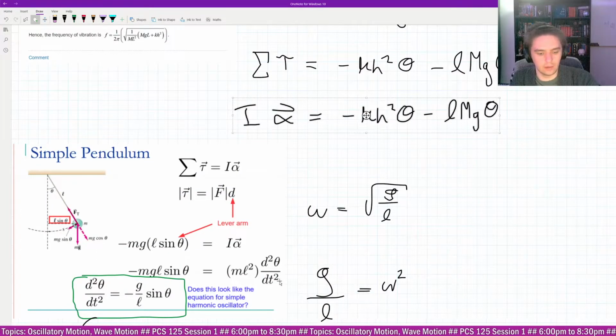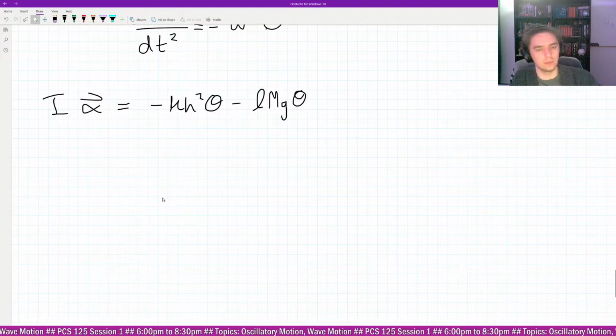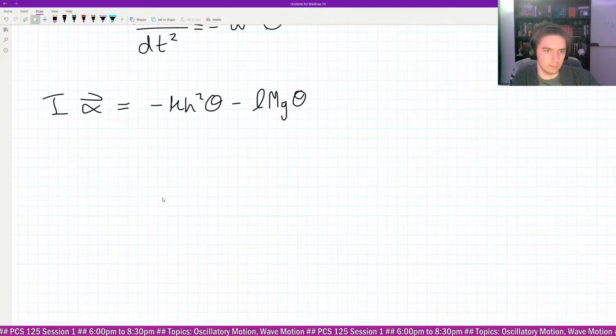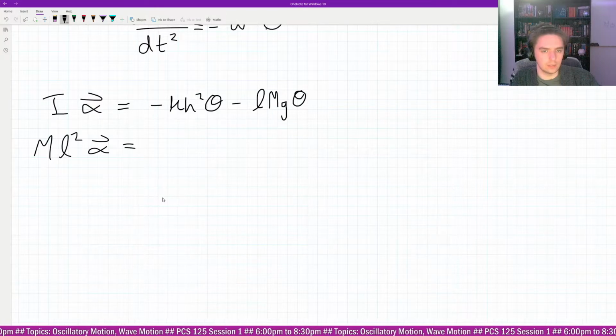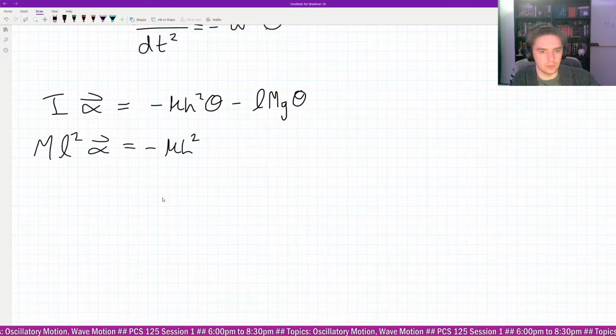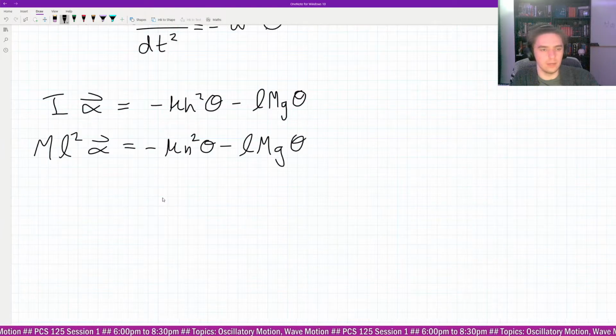So we have our moment of inertia times alpha equals this stuff. Moment of inertia is m, the mass, times L squared. Okay, and this is still alpha equals negative kh squared theta minus L mg theta.